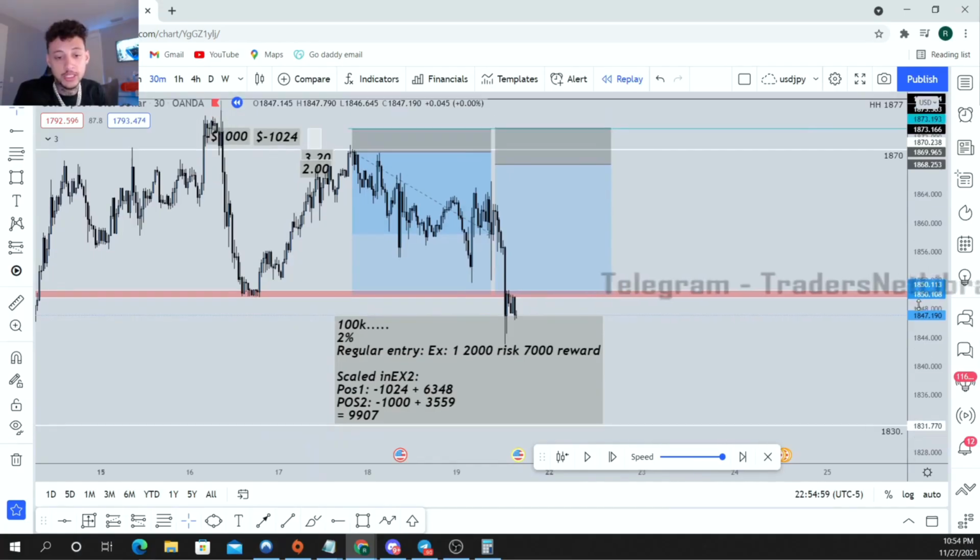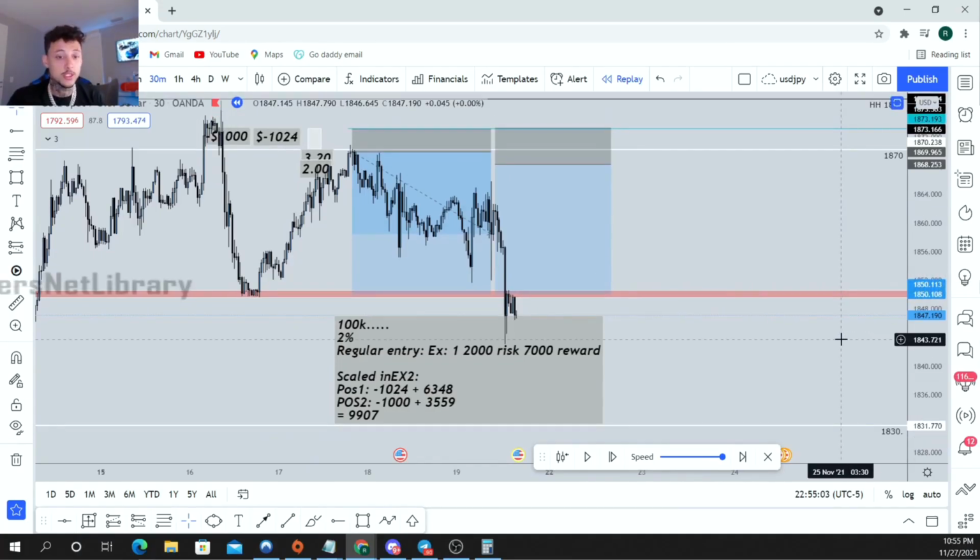And that's pretty much the power of actually scaling into a position, or scaling into an entry, which is definitely very powerful, but it's going to take a lot of getting used to. And I've had really big days using this methodology. I've had 70K days, I've had 50K days, literally doing the same exact thing. Why this entry methodology is so powerful is because we're decreasing our risk and maximizing our reward.